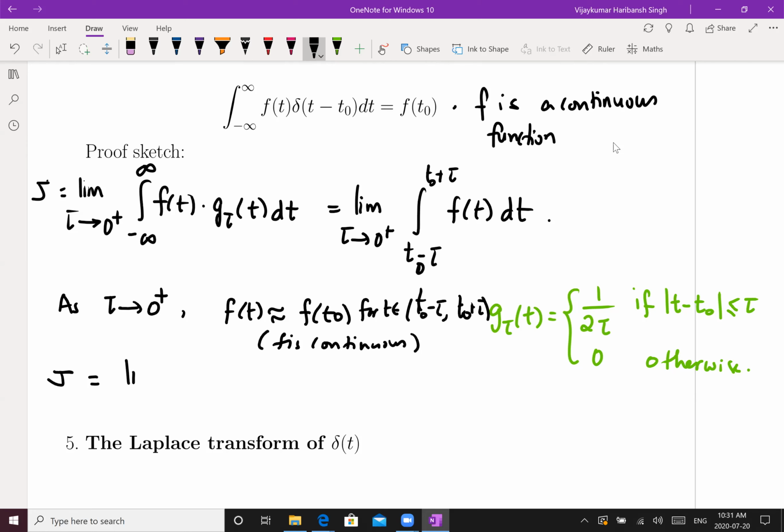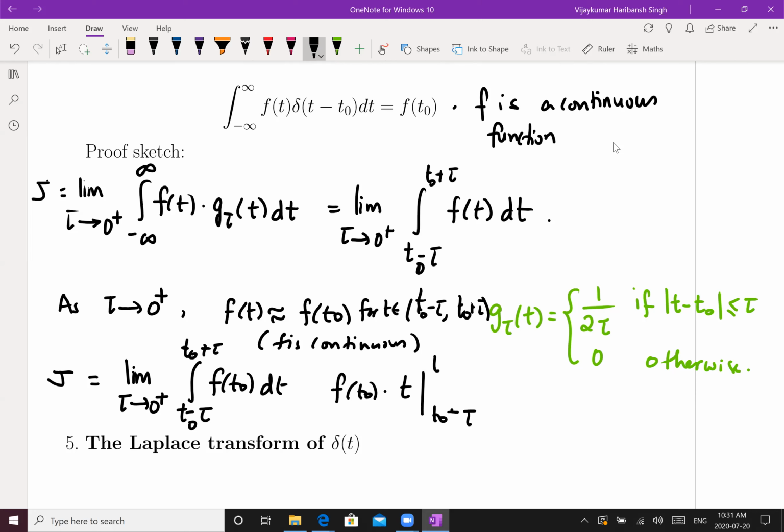So I'll have limit as tau goes to 0 plus, integral from t naught minus tau to t naught plus tau of f of t naught dt. f of t naught will come outside, so we'll have f of t naught times t, evaluated from t naught minus tau to t naught plus tau.